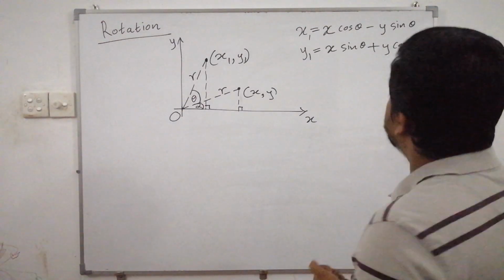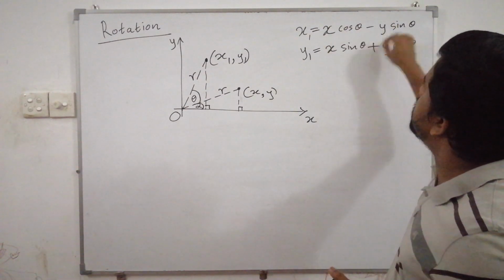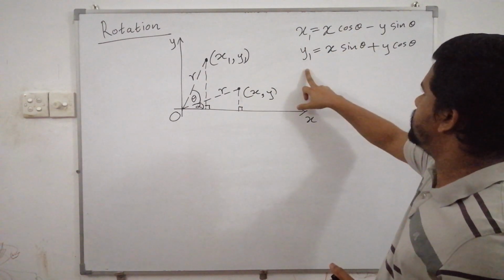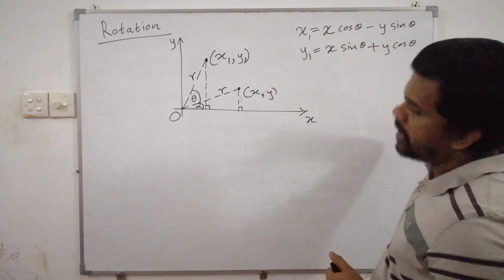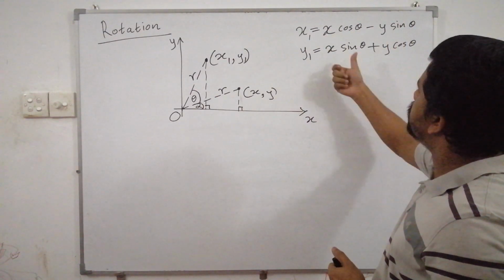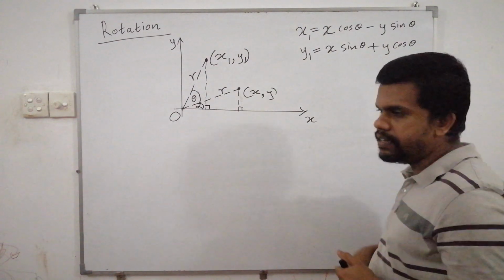And now we could get these two equations, x1 from x, y and theta, y1 also from x, y and theta.